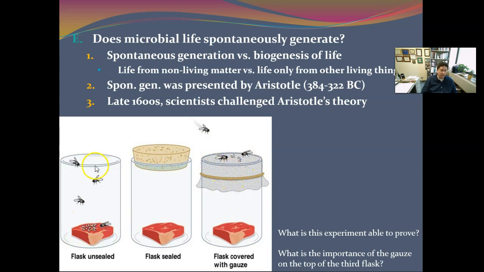And only the one that was totally left open did maggots grow. So Redi was able to show that even if you let air go through, okay, we don't get spontaneous generation unless flies can land on the meat and, of course, lay their eggs.